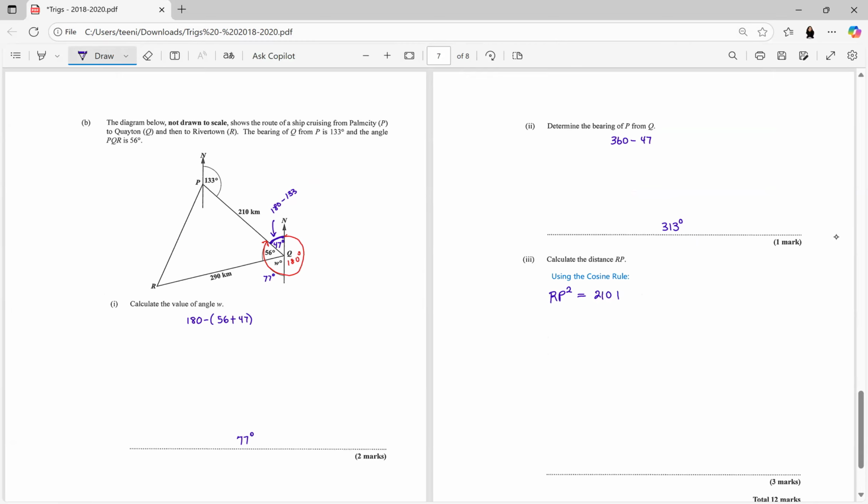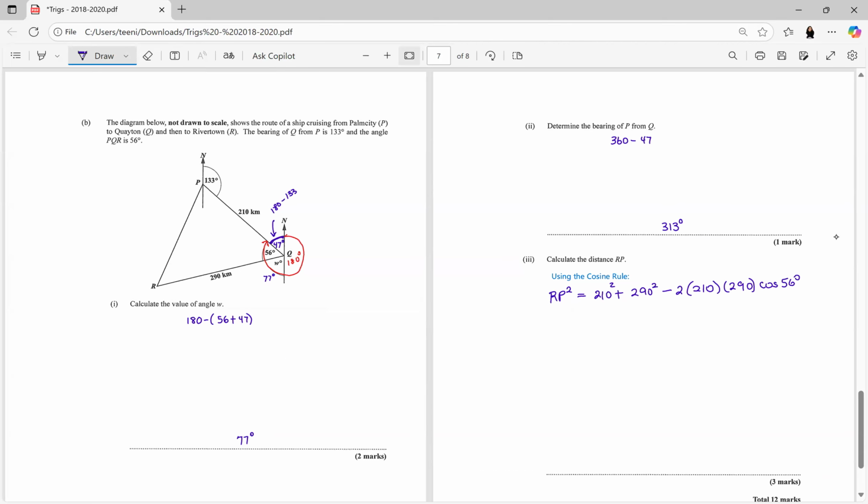So 210 squared plus 290 squared, take away 2 times the product of 210 by 290, multiplied by cos of the included angle, which is 56 degrees.